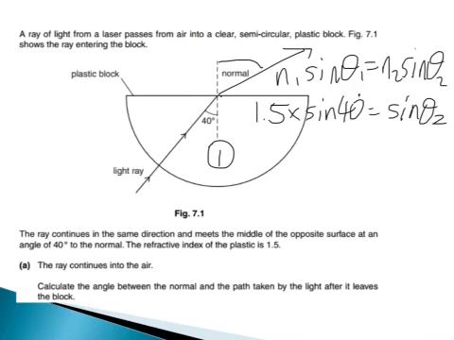You can write down 1 times sine theta 2, but that's not really needed. Okay, so we can crunch the number and simplify this. 1.5 times sine 40, put it into your calculator.